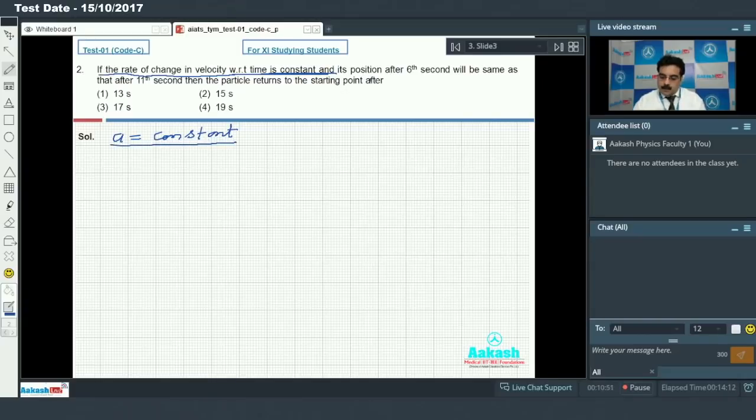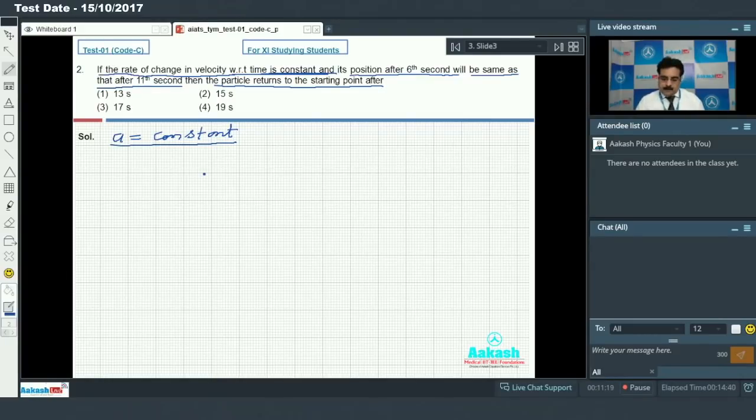And next, the position after the 6th second will be the same as that after the 11th second. Then the particle returns to the starting point after. Because acceleration is constant and the body returns to the initial position, this is possible only and only if the directions of initial velocity and acceleration are opposite.